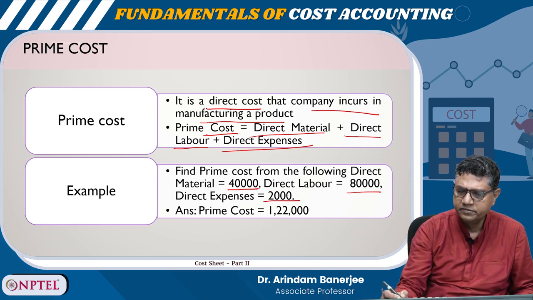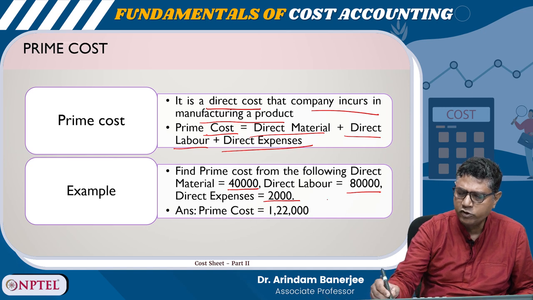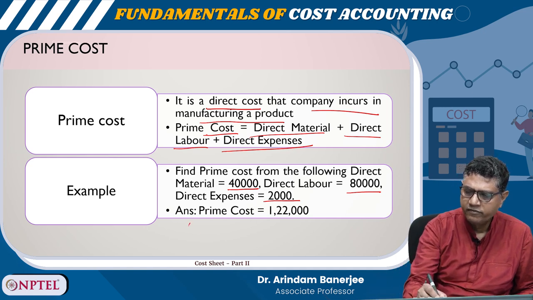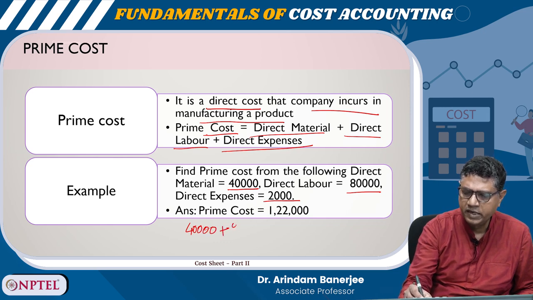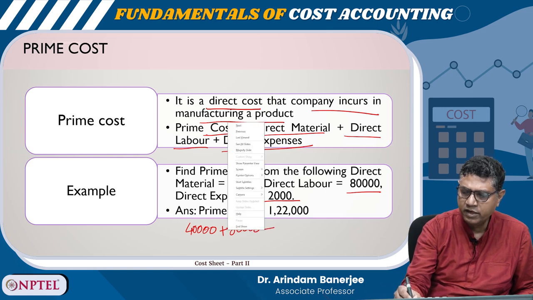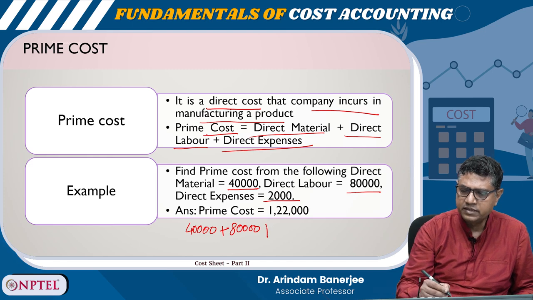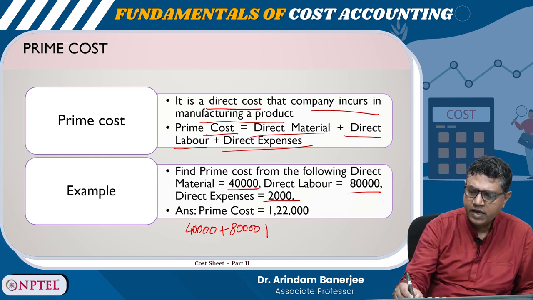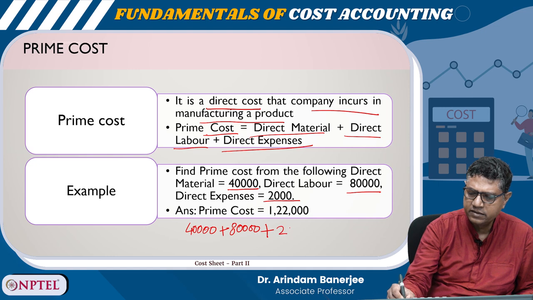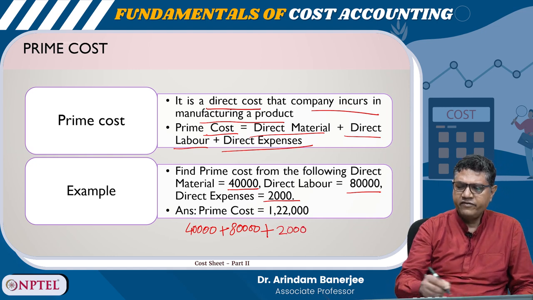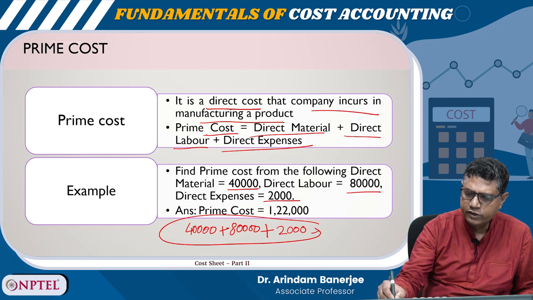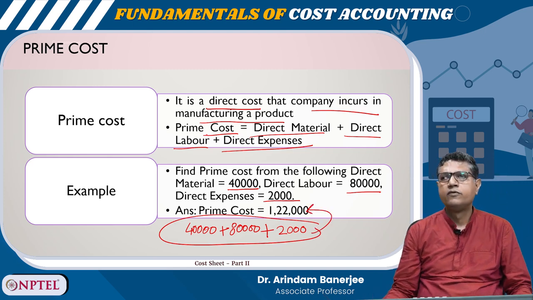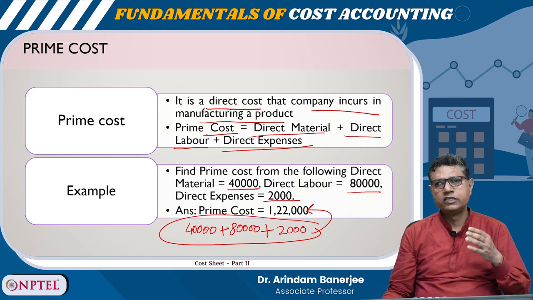Then what will be my prime cost? 40,000 direct material, plus 80,000 direct labor, and plus direct expenses 2,000. If I add these three, I should get the prime cost, that is 1,22,000.